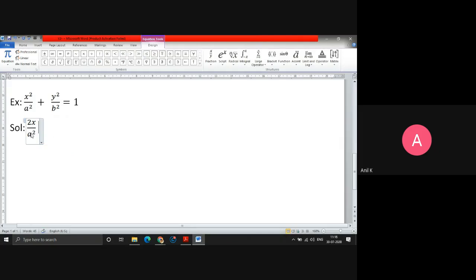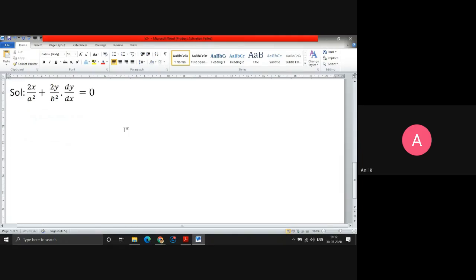Similarly, if I differentiate y square by b square, the derivative of y square is 2y dy by dx, and b square in the denominator. Here I'll write dy upon dx, which equals, the differentiation of 1 is 0.